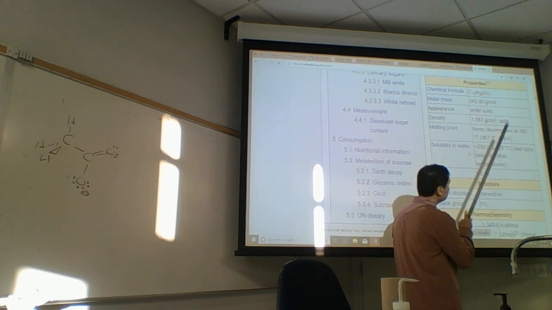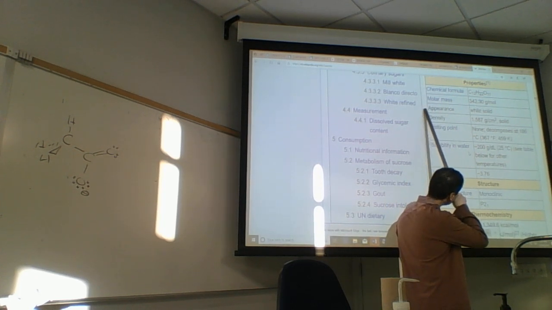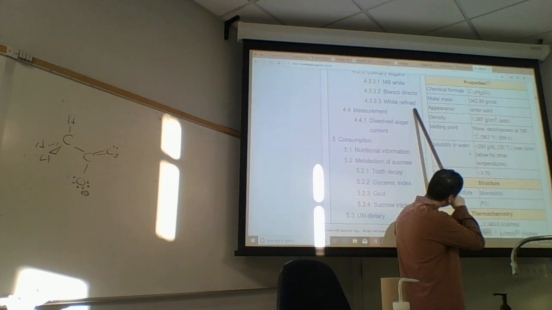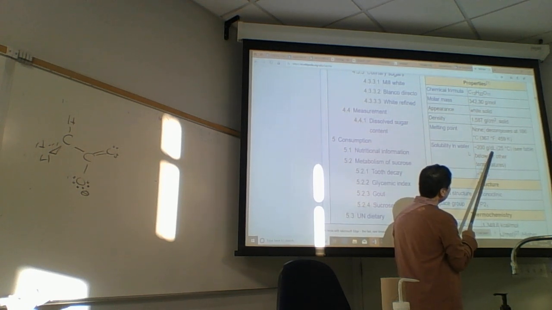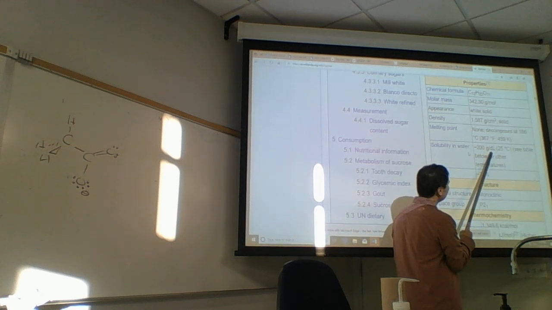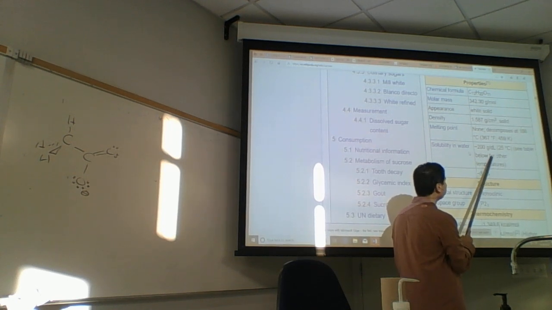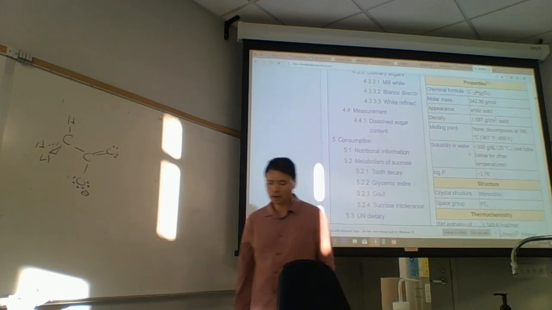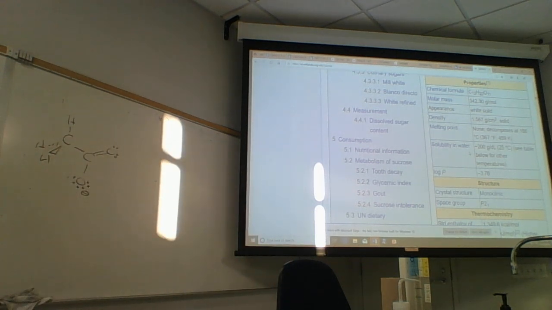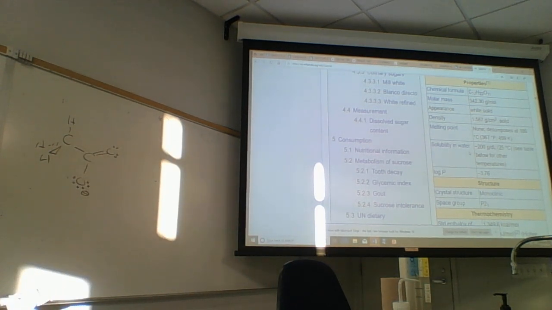Is it like a tenth of a liter, or is it 10 liters? Deci, a deciliter is a tenth, so it's 100 milliliters. 200 grams of sugar in 100 milliliters. It's quite a lot. But it's not infinite. That's sugar.